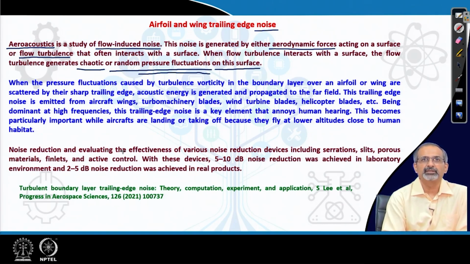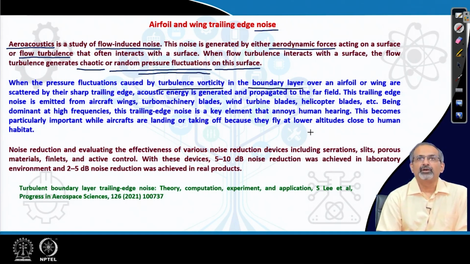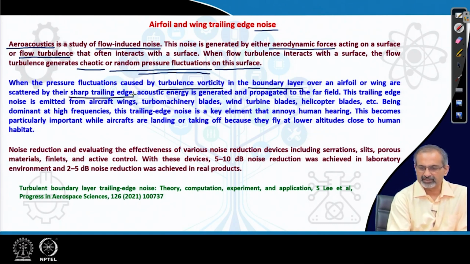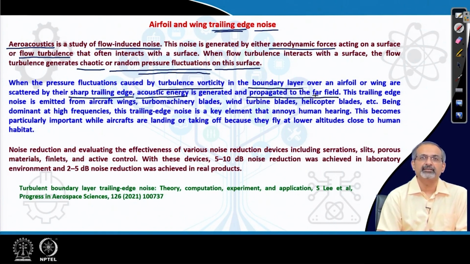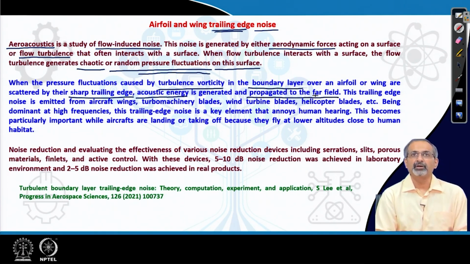So, when the pressure fluctuation caused by turbulence vorticity in the boundary layer formed over an airfoil or wing are scattered by the sharp trailing edge, that is why we are talking about the trailing edge problem, acoustic energy is generated. So, it is like sound is being dissipated from that point, and it propagates to the far field. So, it is not only created there and sustained there or in its neighborhood, but it propagates far away from there.